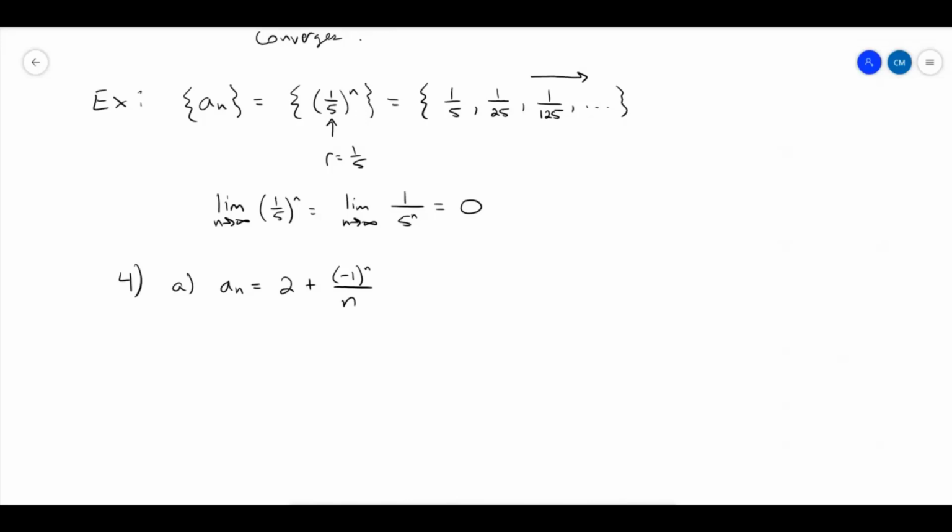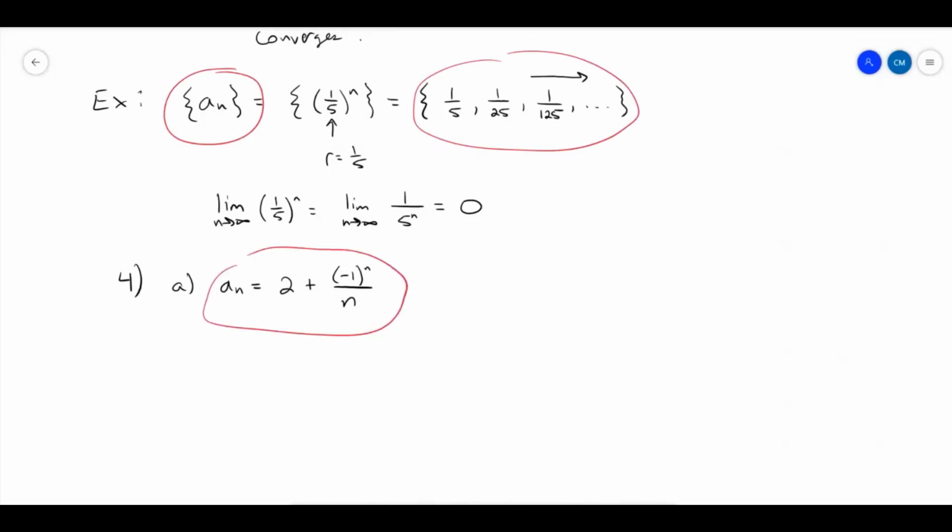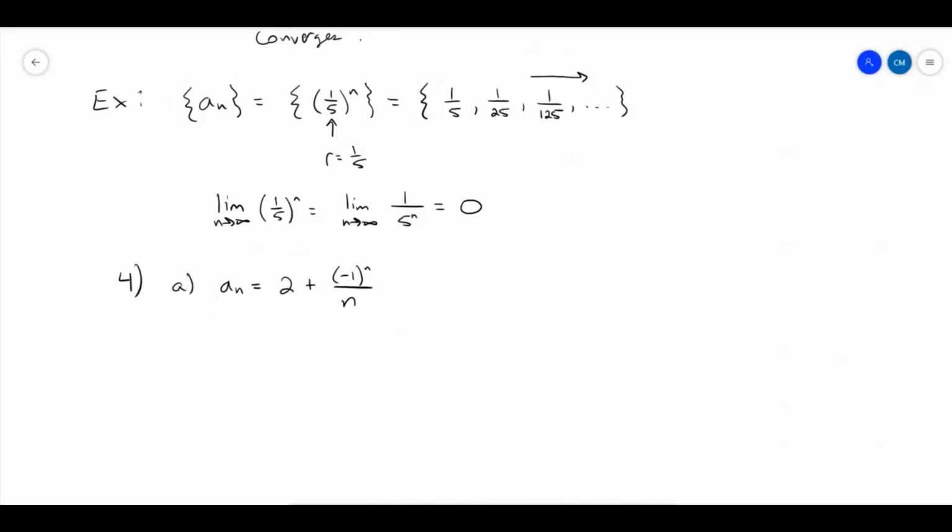So it's a very subtle difference here. The difference again is that this represents the sequence itself when you put the brackets around it. That is the sequence. You can write out the sequence in longhand if you want to. When you write it like this without the brackets, it doesn't represent the entire sequence. It only represents the nth term. But you can use the nth term to find the sequence if you want to. Okay.